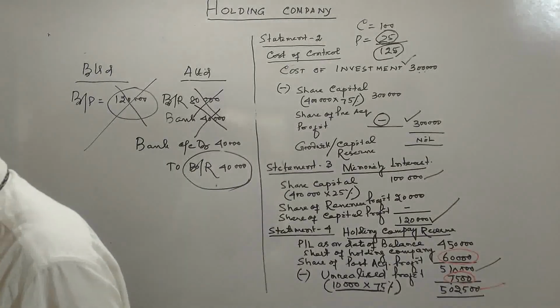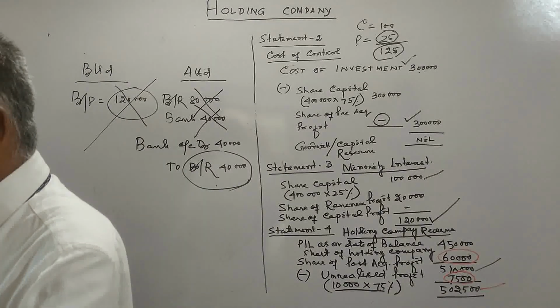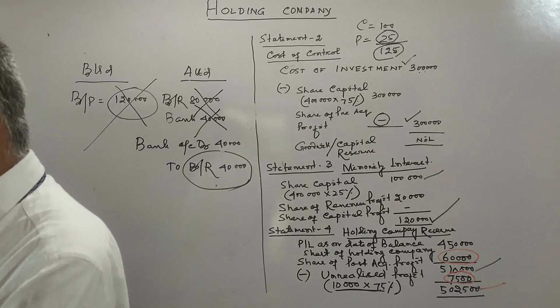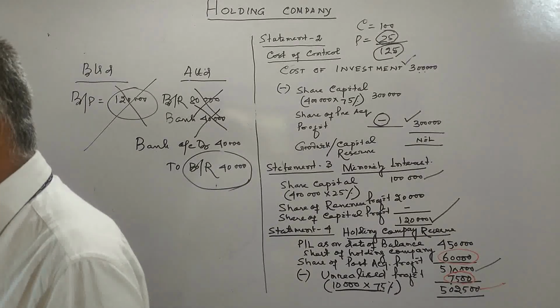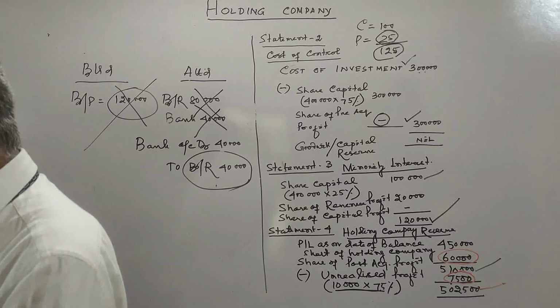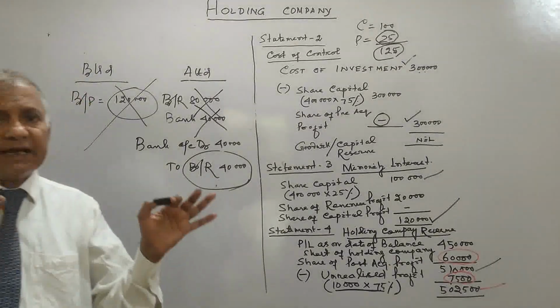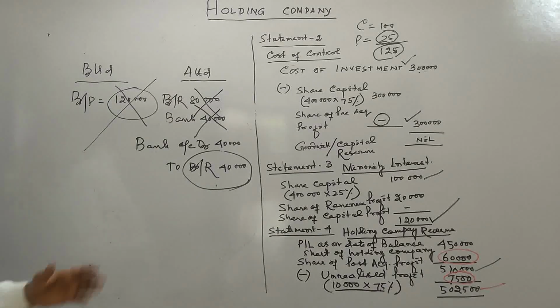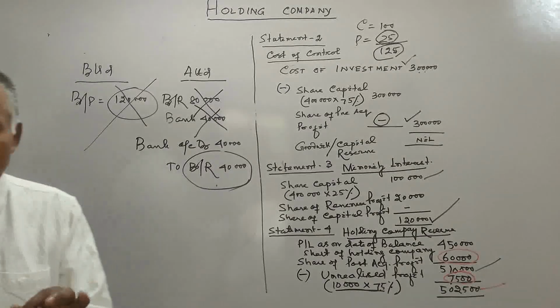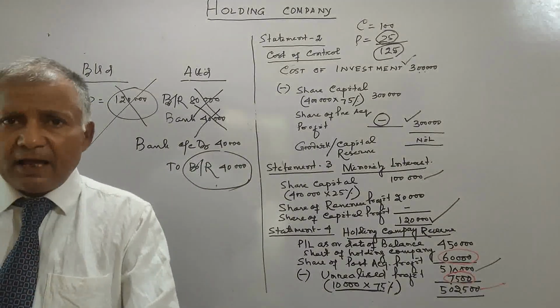Another point: in B Limited, on the liability side there was 75,000 for A Limited, and in A Limited on the asset side there was 75,000. This is a current account, but the amounts are the same. Liability side 75, asset side 75.